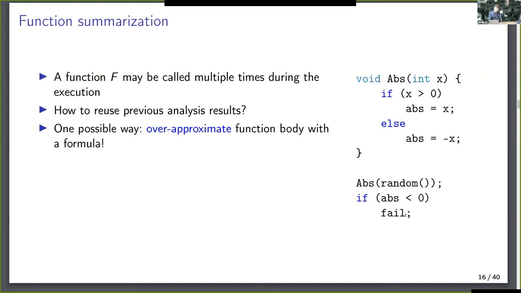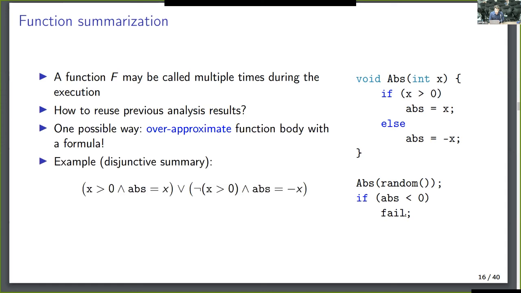So actually, we just over-approximate the function with some formula, and this is one of the examples of how we could do it. It is the so-called disjunctive summary, where we just unify with the disjunction different already investigated function behaviors. So for instance, in this case, we might say that ABS is over-approximated by this formula, where if x is greater than 0, then the result is x, otherwise the result is minus x.